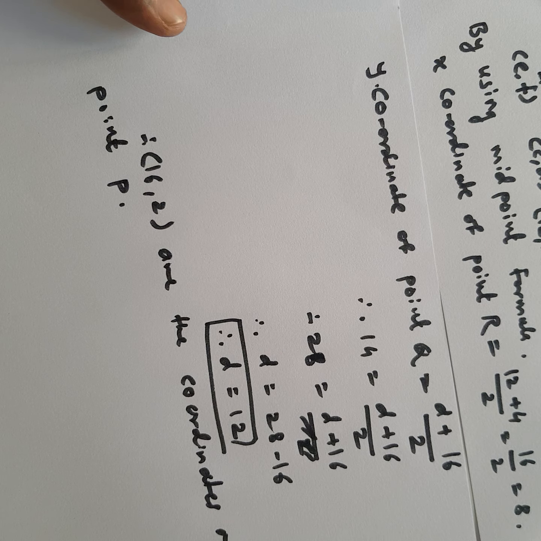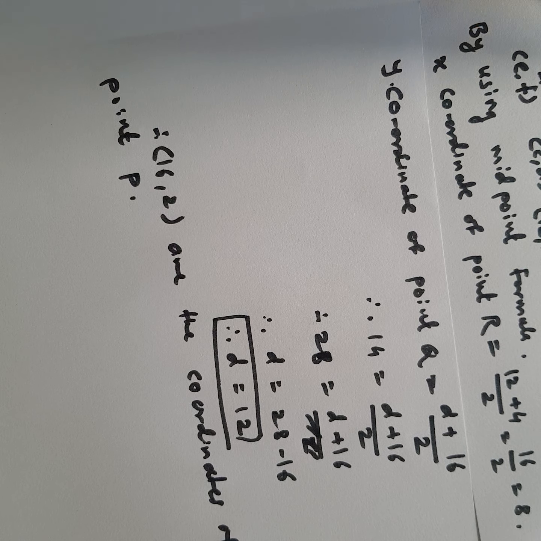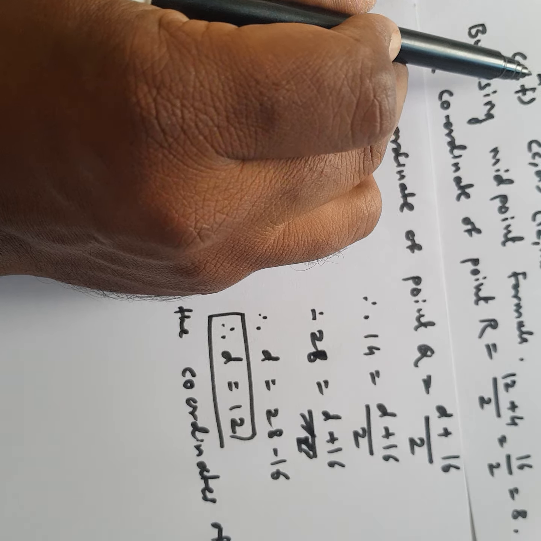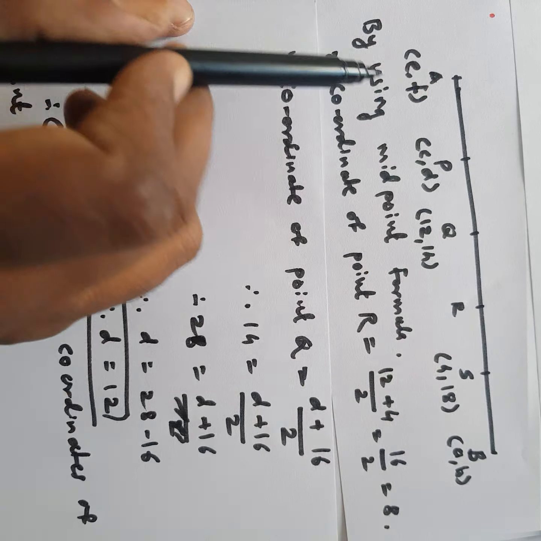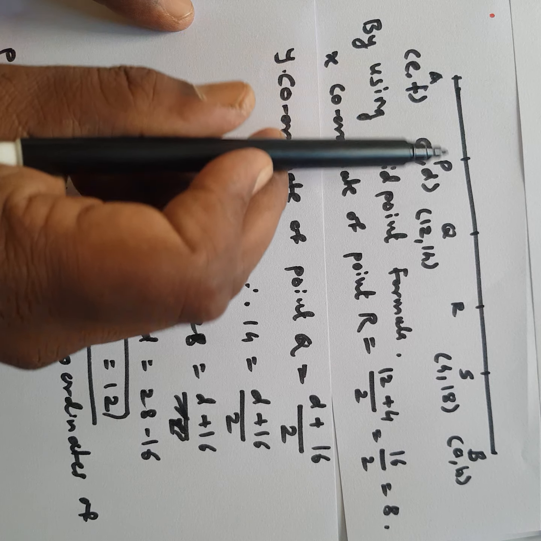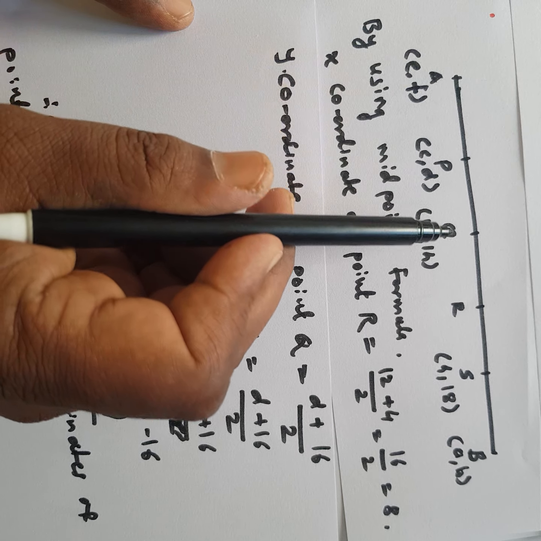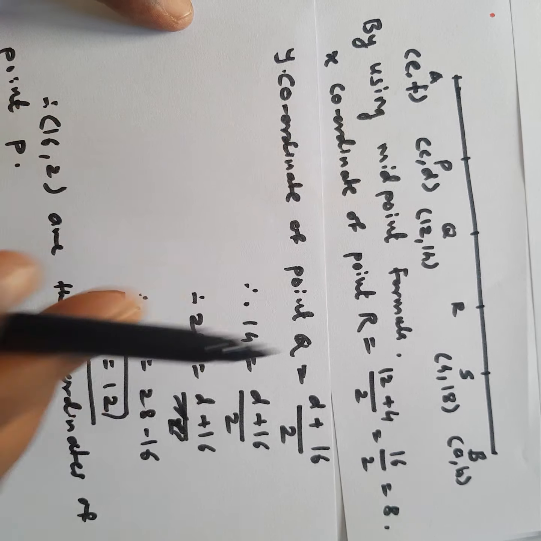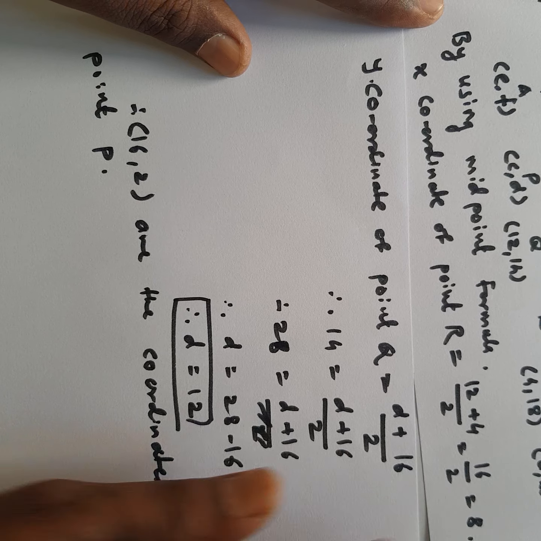Now the last point is point A. To find the coordinates of point A, here we have to use the midpoint formula for segment AQ. P will be the midpoint of segment AQ.